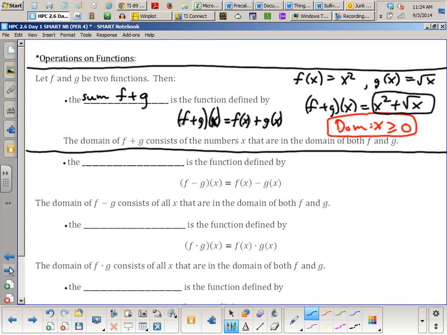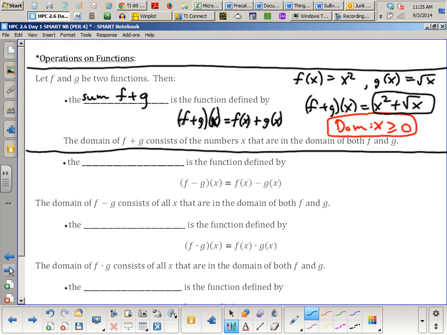G here is saying, please don't give me a negative number. I can't square root it. So we abide by that, right? So f plus g will abide by any rules that their constituents abide by. So what rules does it follow for domain? Whatever f's rules are and g's rules are combined. Or actually intersected, technically.